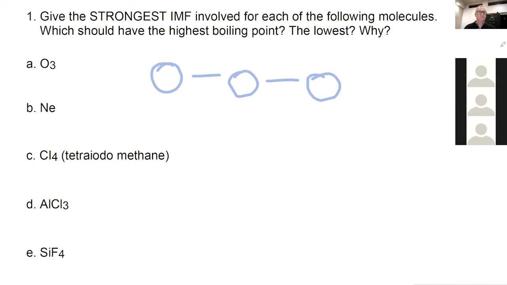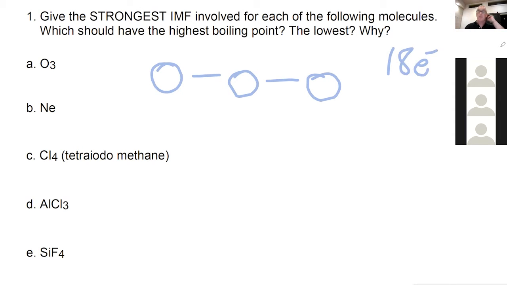In a line. So how many total valence electrons should ozone have? 18, that's right. So each oxygen has 6, so there should be a total of 18.